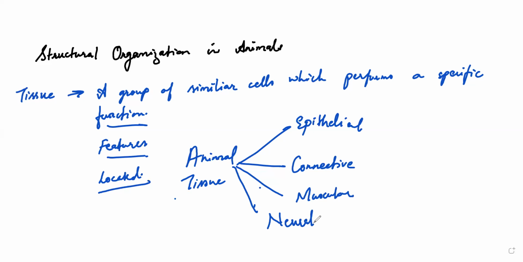So each of these tissues is again subdivided into several types. So I'll just write the classification first over here. So epithelial, then connective, muscular, and neural.